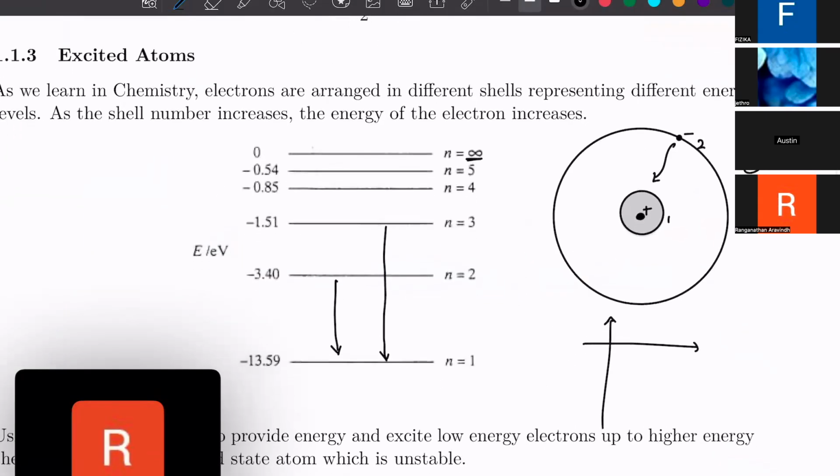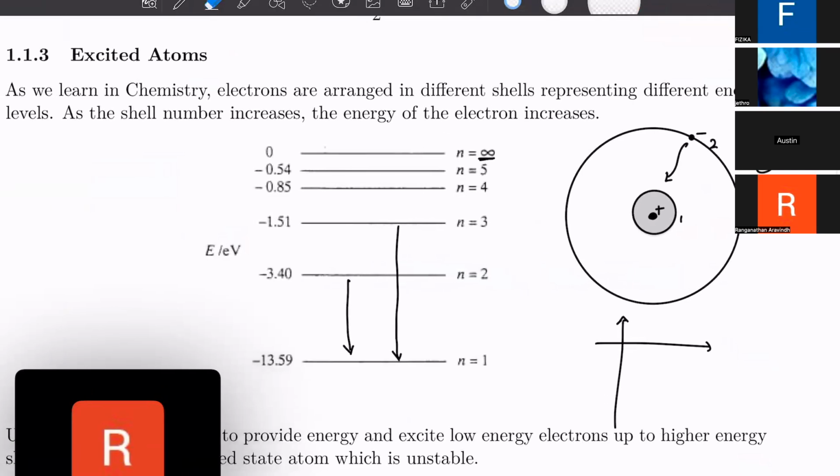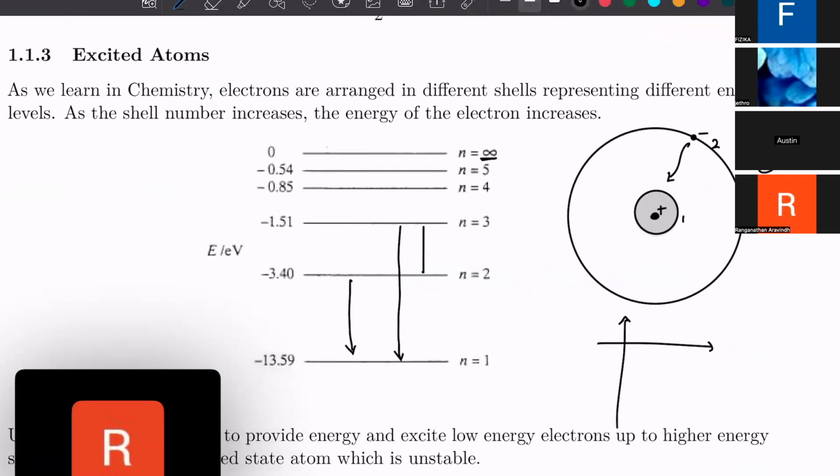Your photons are very specific. The energy that they possess is strictly only the differences between two energy levels.